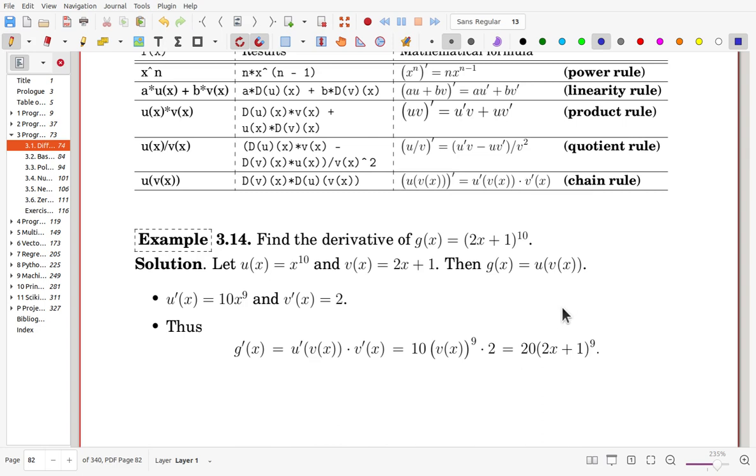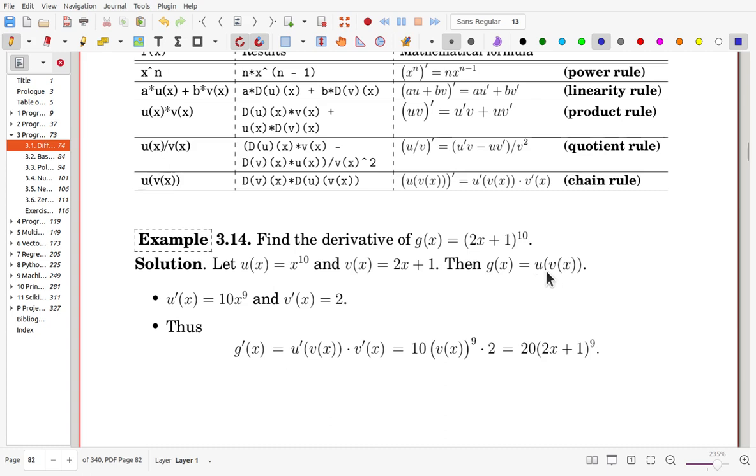So we may consider this given function as a composite function, and u of x is x to the 10. Now, momentarily, we consider this term as a variable, and then v of x is 2x plus 1. With this definition, the given function g of x is the same as u of v of x.